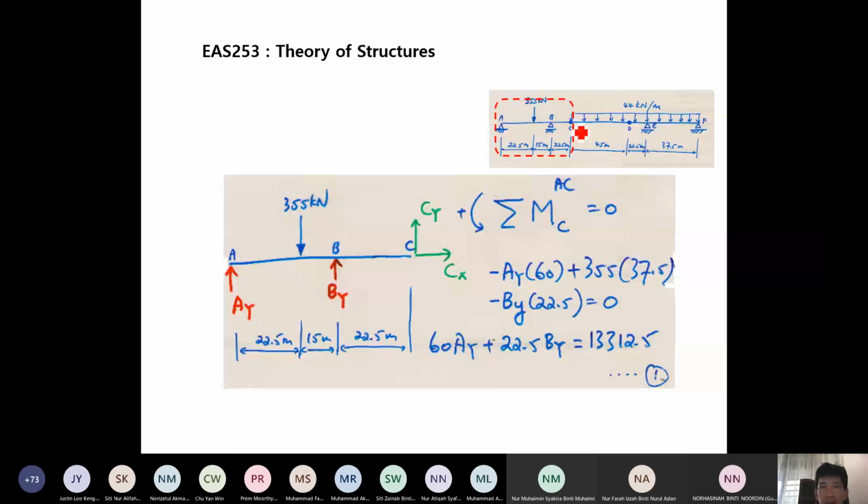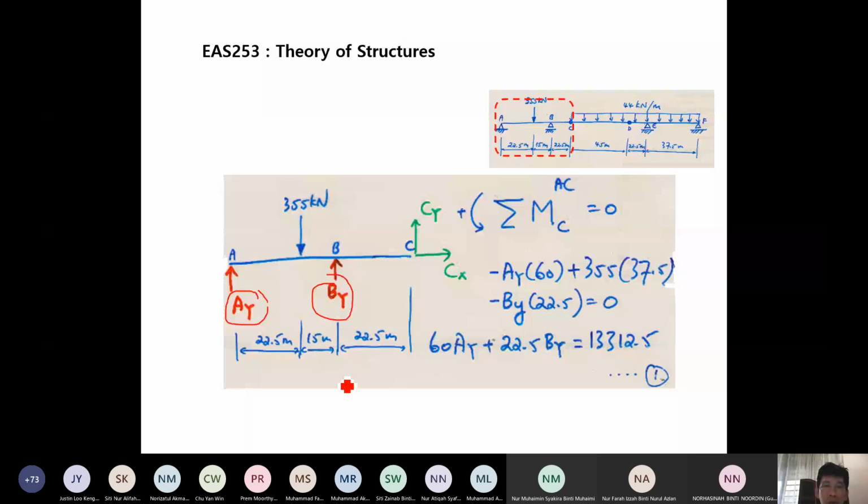The first cutting that we have done is at the hinge at C here, and then we draw this free body diagram, which is to the left-hand side of the cut. So we draw the free body diagram of A, B, C. Then we show the unknown forces Cx and Cy. What we want to calculate, class, is Ay and By.